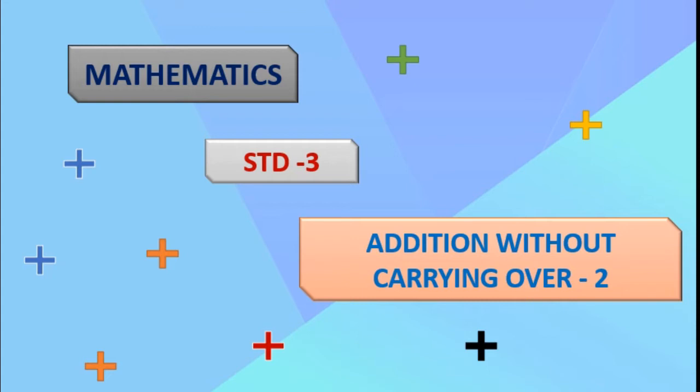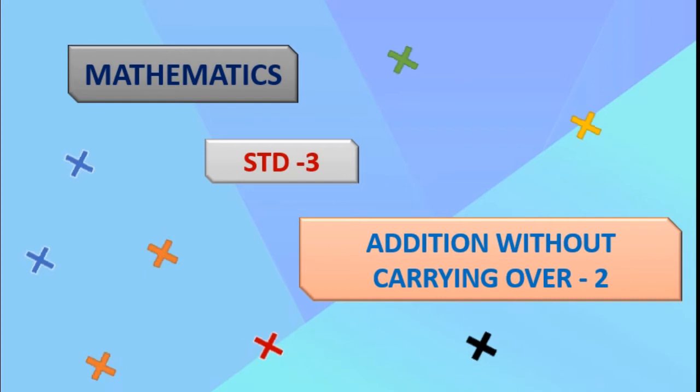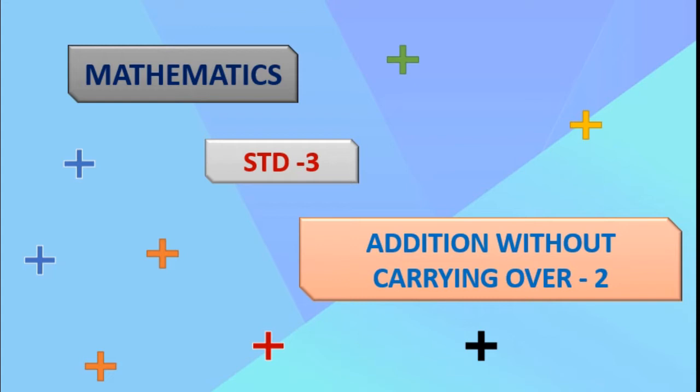When we want the total of 2 or more numbers, we go for addition. We add the numbers, means we count them together. Here 4 marbles plus 4 marbles means together you have 8 marbles, correct? Like this, and we use the plus sign in addition. You can see that on the screen.